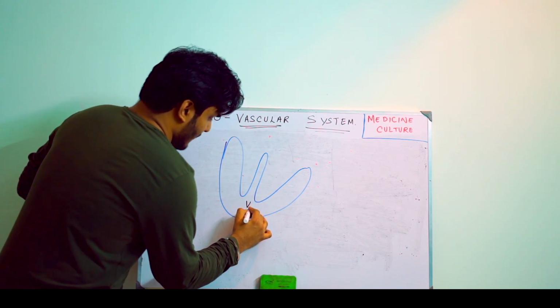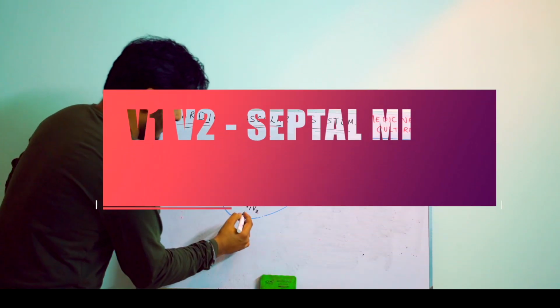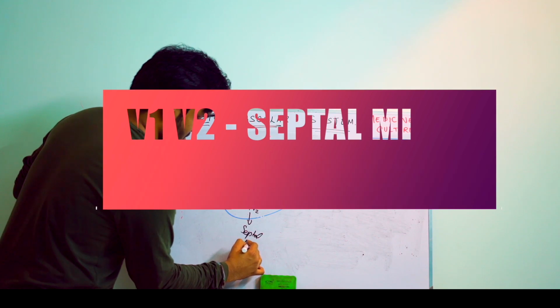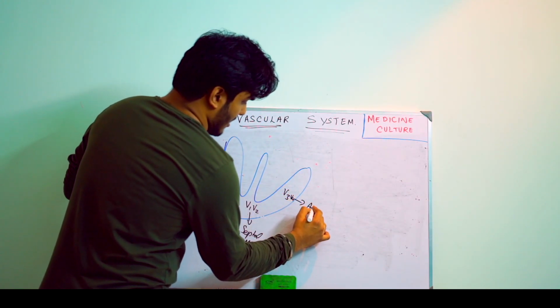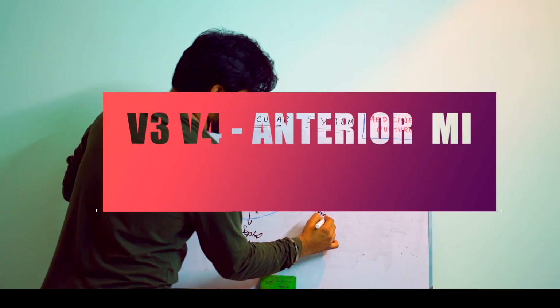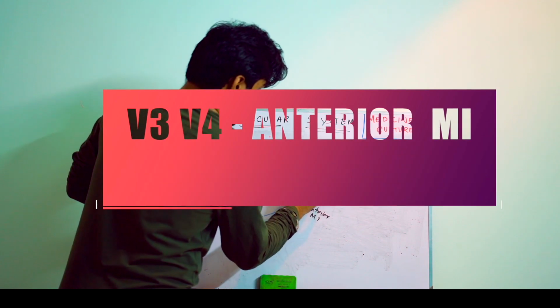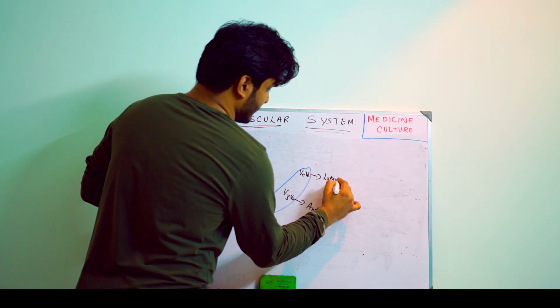If there is ST elevation in V1, V2, this denotes septal MI. If V3, V4, it denotes anterior MI. If V5, V6, it denotes lateral wall MI.